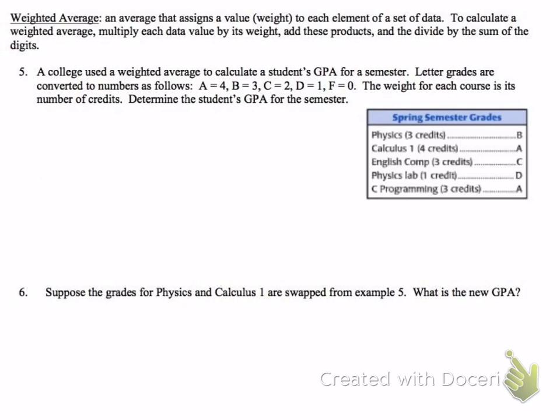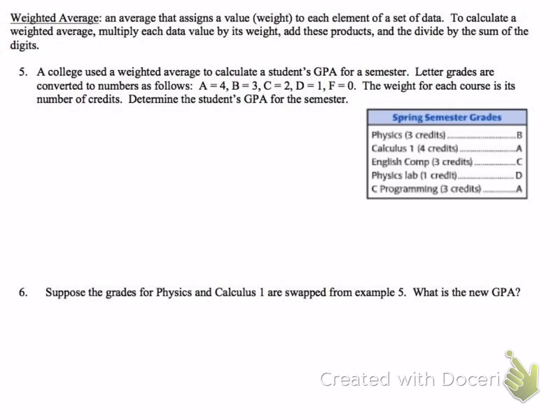Okay, number 5. A college uses a weighted average to calculate a student's GPA. Letter grades are converted to numbers as follows: an A is 4, B is 3, C is 2, D is 1, F is 0. And the weight is the number of credits. So determine the student's GPA for the semester. In order to do that, I'm going to take the grade times the credits, divided by the total number of credits.